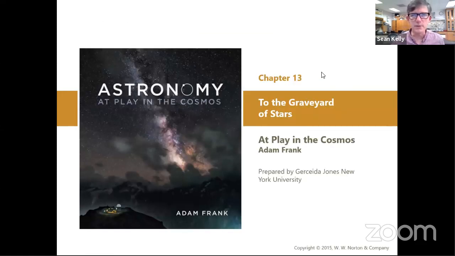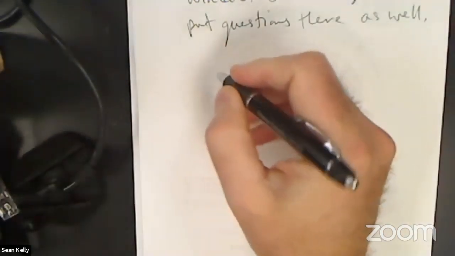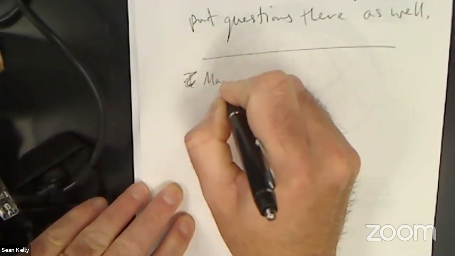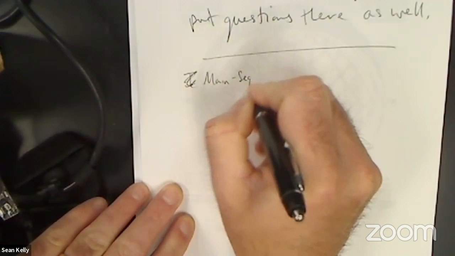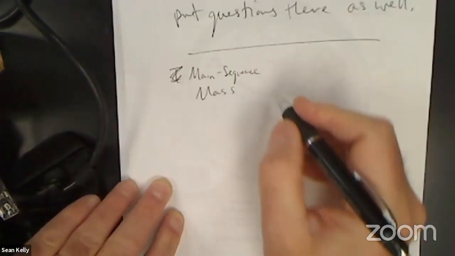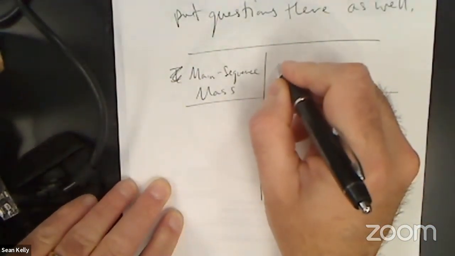So what I want to do is make a quick table for you to make sure that everybody is very clear on what happens. We have different sized stars. I want to put down the main sequence mass. When it's a main sequence star, what does it end up as?